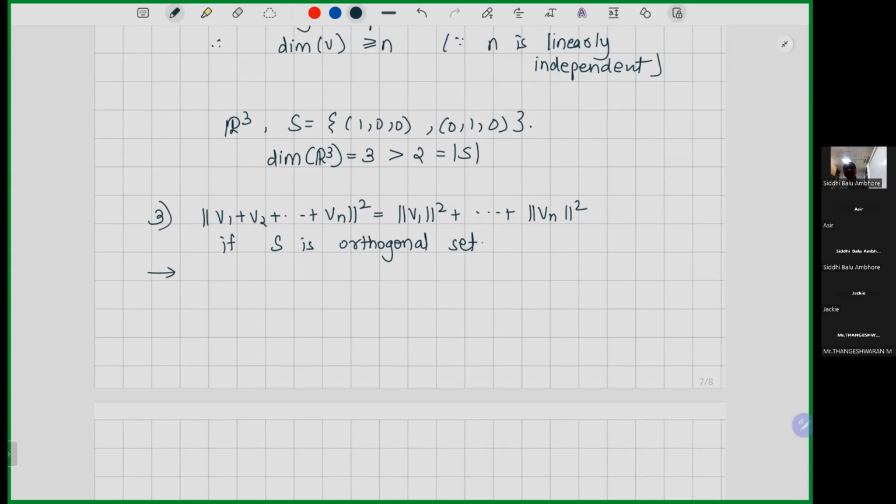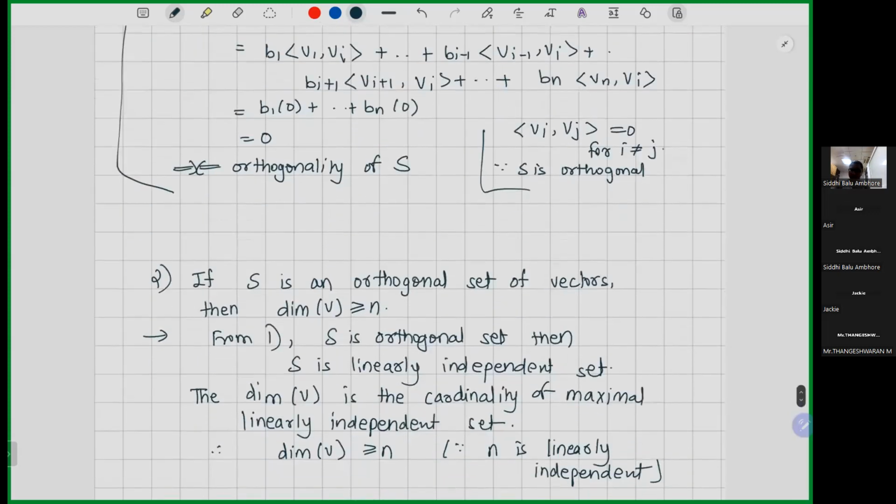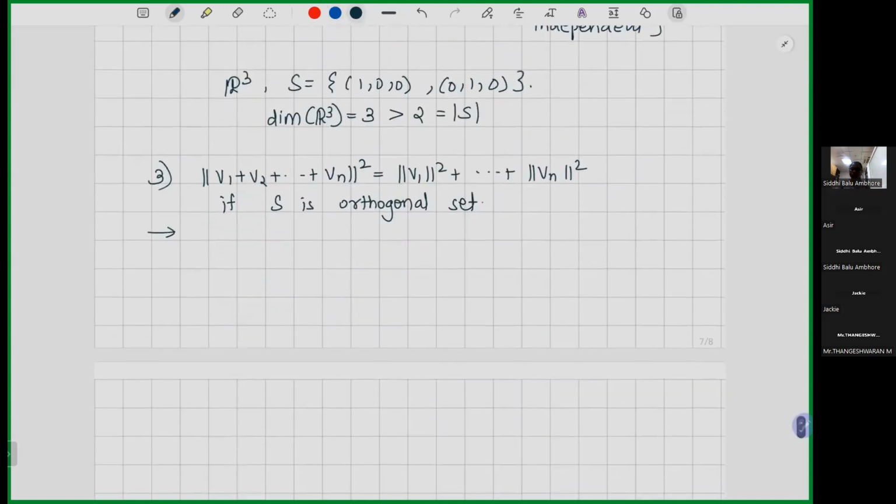So they are saying that if S is an orthogonal set, then these become equal. Yes, that's true based on the generalized Pythagoras theorem. Let me just prove how this follows.